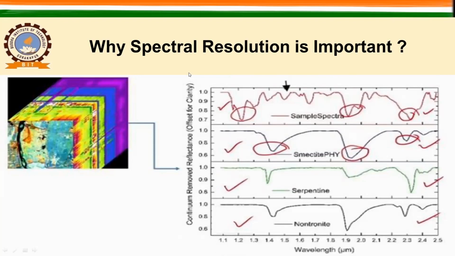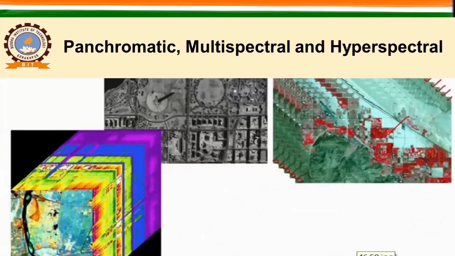But in the case of multispectral, you have 4, 5, or 10 different bands. Just see in the image: here is your panchromatic, with one band image, and when you talk about multispectral, you have 4, 5, or 10 different bands.